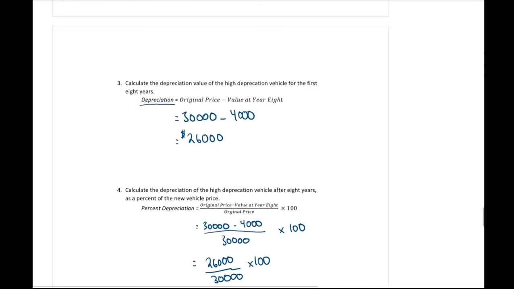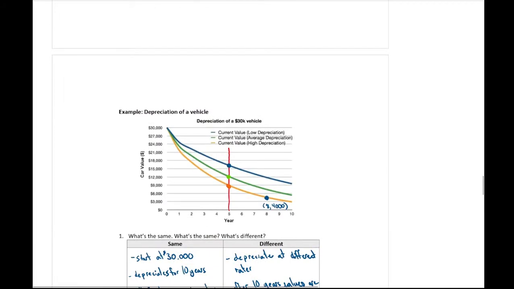Let's go back to our graph. And again, this was for the low depreciation, so we're going to go to a different line up here. We're going to say that the value at year 10 is just slightly above 9,000. We can say it's 9,000 just for easier math. So at year 10, or this point is 10, 9,000. Year 10, $9,000 in value.